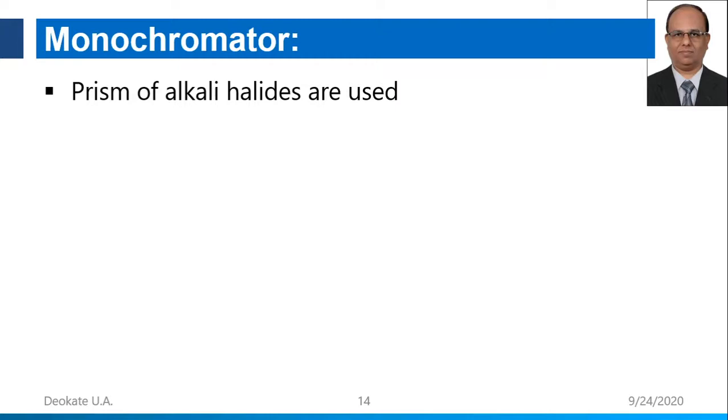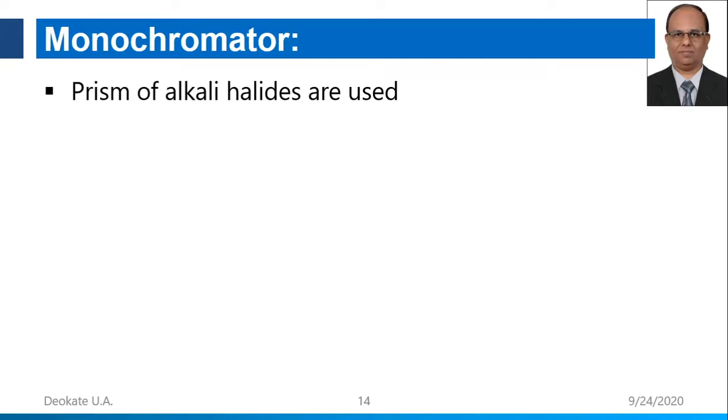These are very sensitive to moisture. So whenever we are using such alkali halide prisms, the instrument should always be kept with a desiccant, and a desiccator lamp is always kept on to keep it free from moisture.